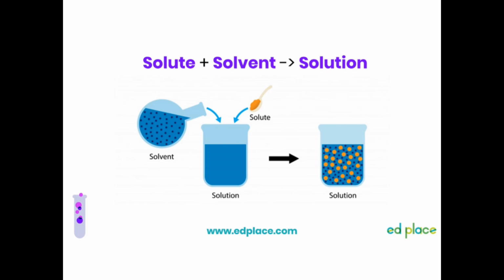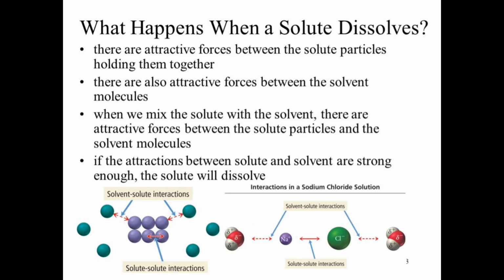And of course, when a solute is combined with a solvent, it produces a solution. Solute plus solvent will give you a solution. So, like we have said, the solution is a homogeneous mixture of a solute and a solvent.